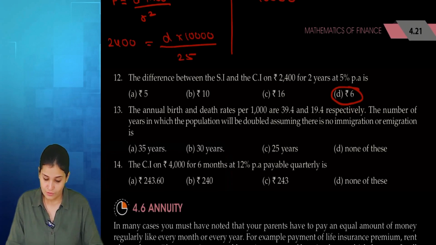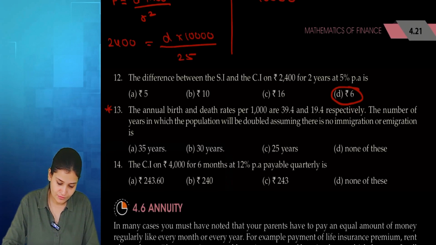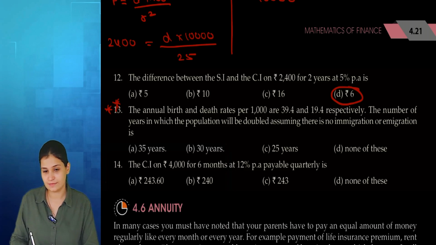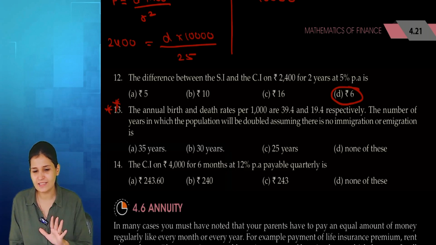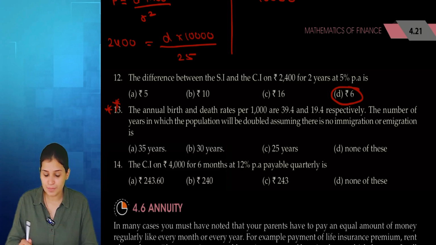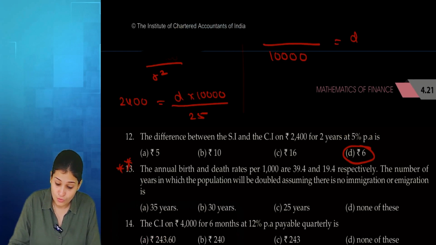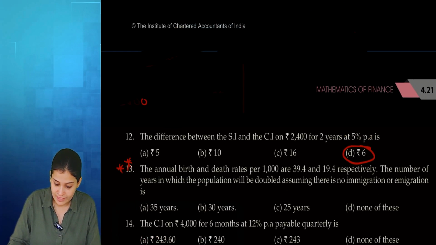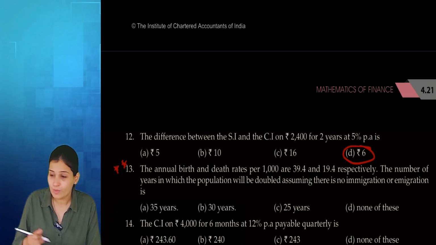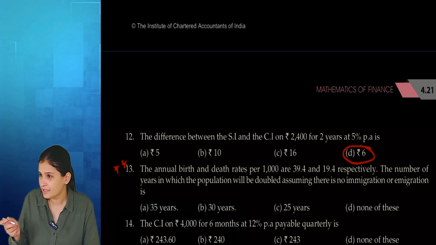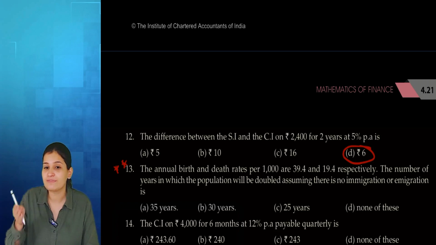Yes, ma'am. Question number 13 is another one of the most common questions that you'll see, and this is kind of a learn category. The annual birth and death rates per 1,000. Rate is per 100, right? 5% means on 100 you are getting 5.